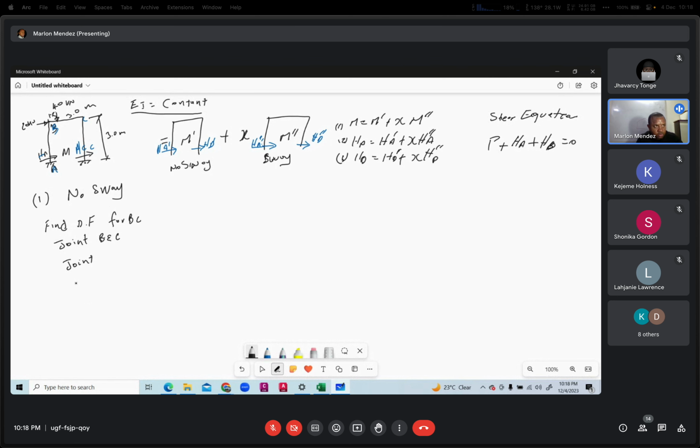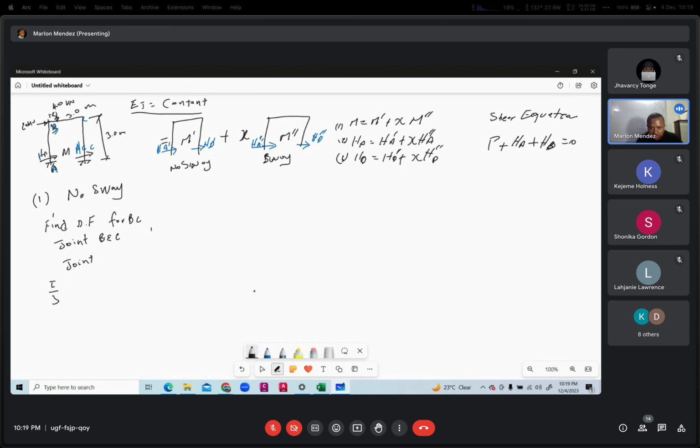Some people may use 4EI over L, and there is another formula that can be used, which I don't recall right now. But what I use, because EI is constant, is I over the length of this.